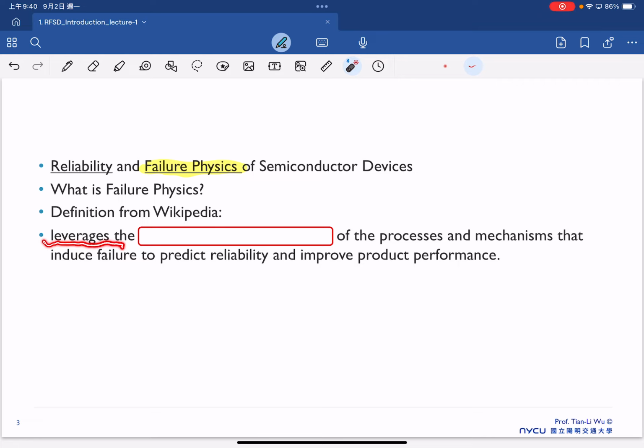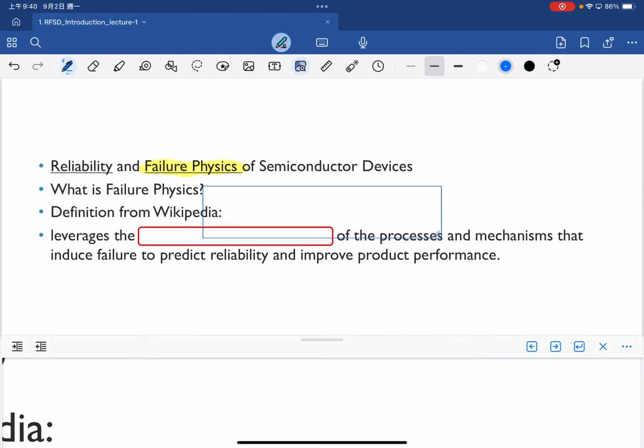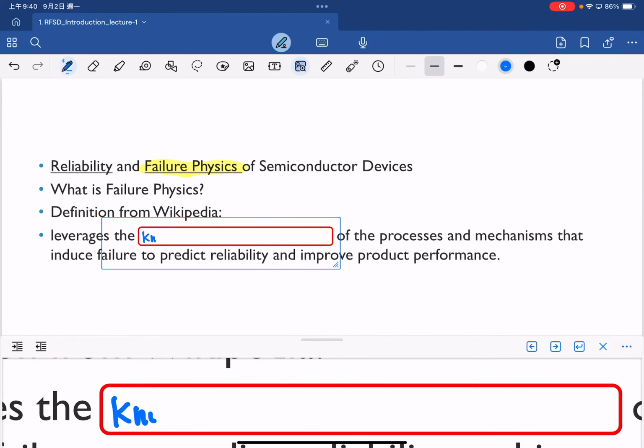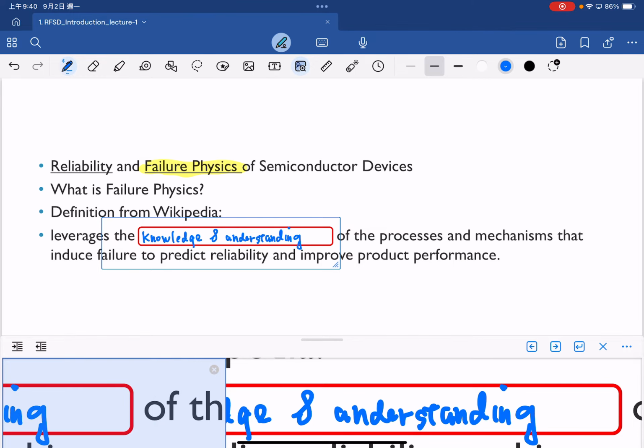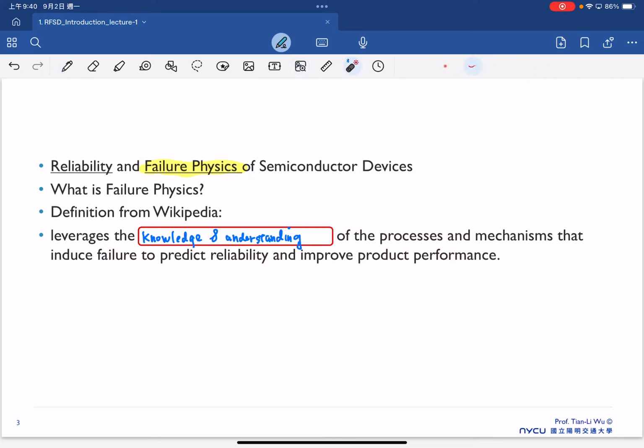Basically, value physics leverages the knowledge and understanding of the process and mechanism that induce failure, and in the end predicts reliability and also improves the product performance.